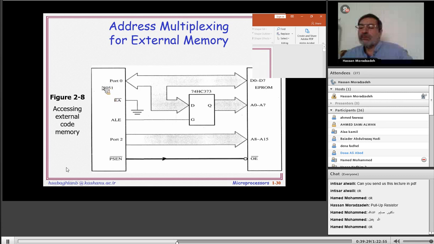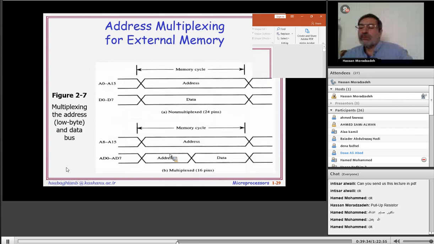In non-multiplexed, for example from PowerPC or Motorola, there is only an address bus, A0 to A15, and a separate data bus. That's right. Two separated buses, address bus and data bus. Here the data bus is 8 bits and the address bus is 16 bits. But here, this is our story: the multiplexed version, as in all Intel families.